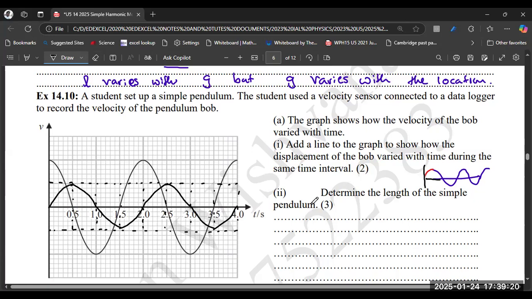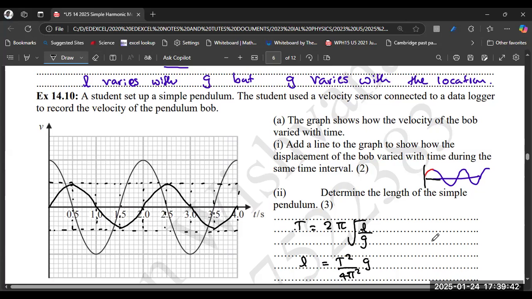Then determine the length of the simple pendulum. T is equal to 2 pi square root L over g. So L will be equal to T squared g over 4 pi squared.